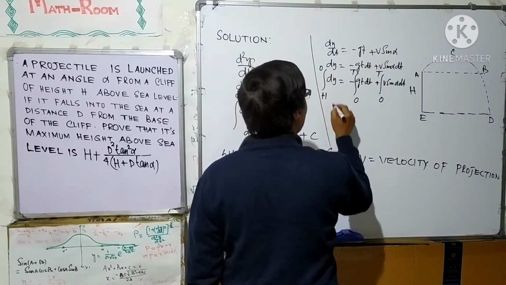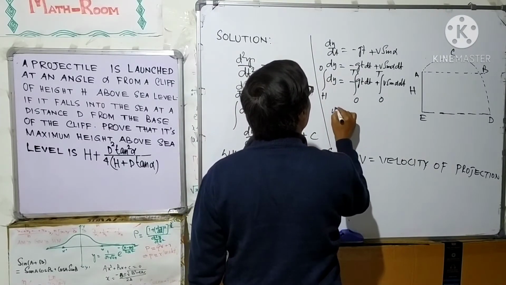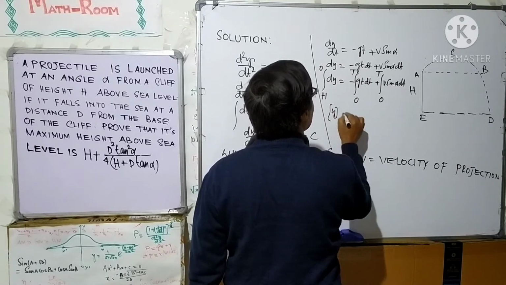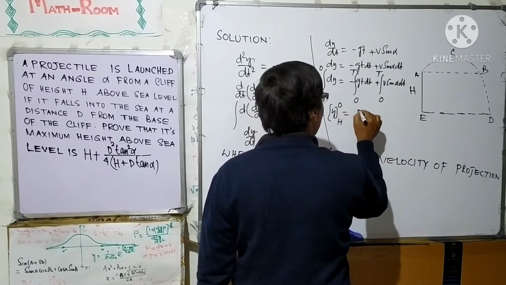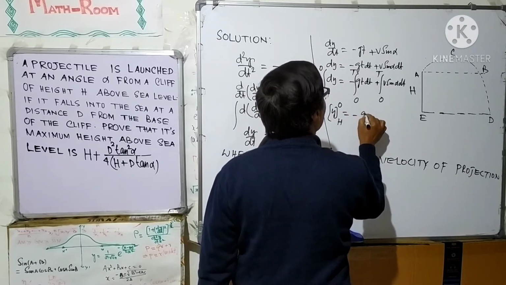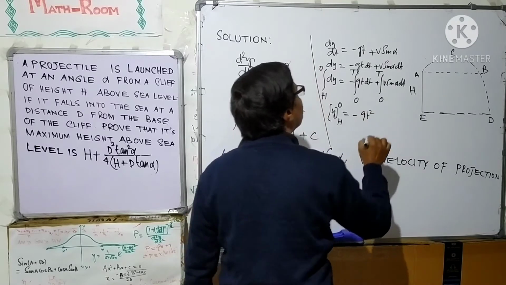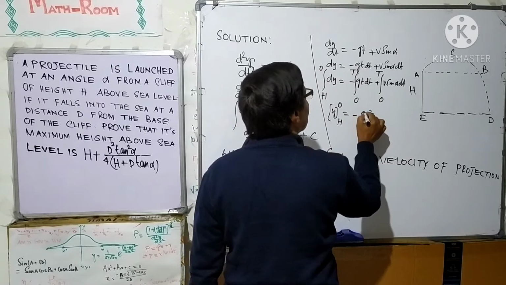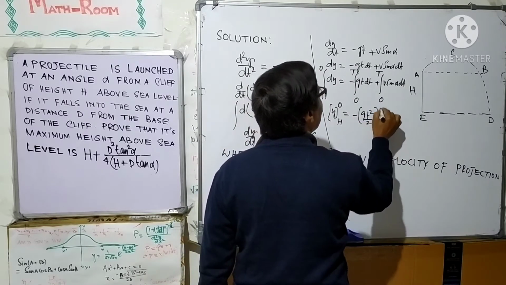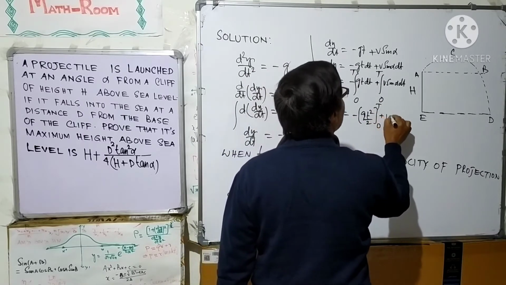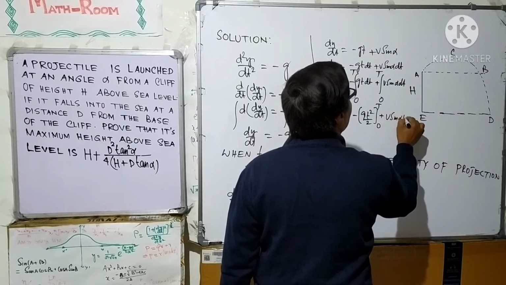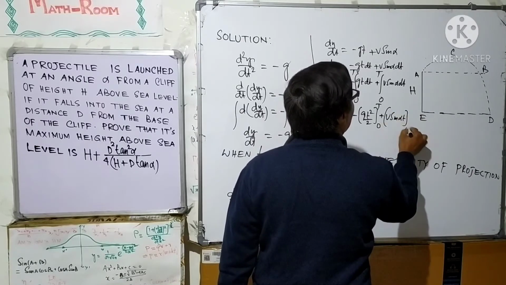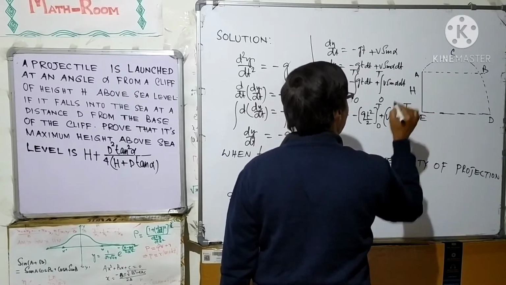So, integrating from H to 0, y equals minus g t square over 2, the integration of this from 0 to T, plus v sin alpha t, where the lower limit is 0 and the upper limit is capital T.